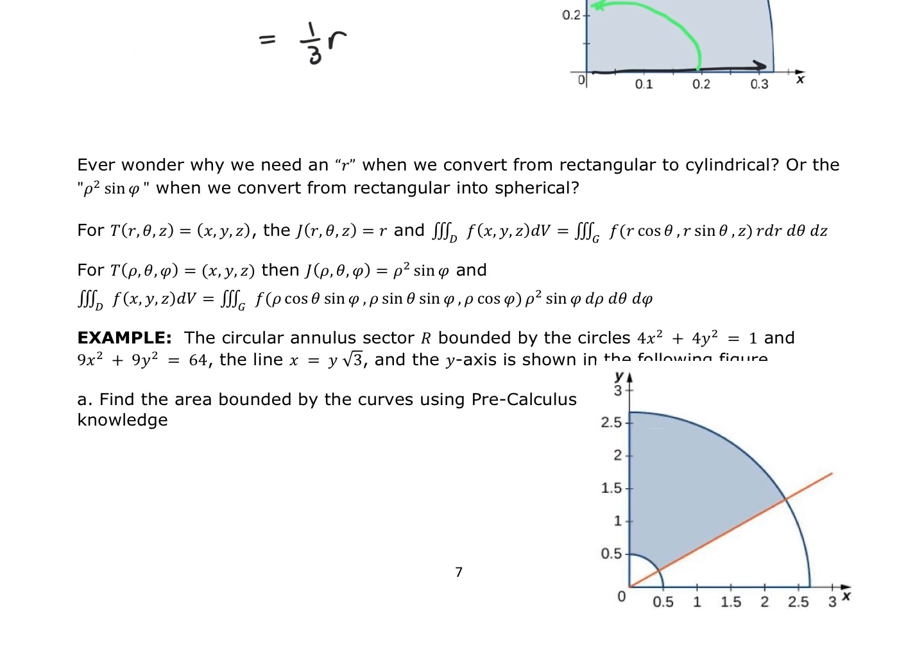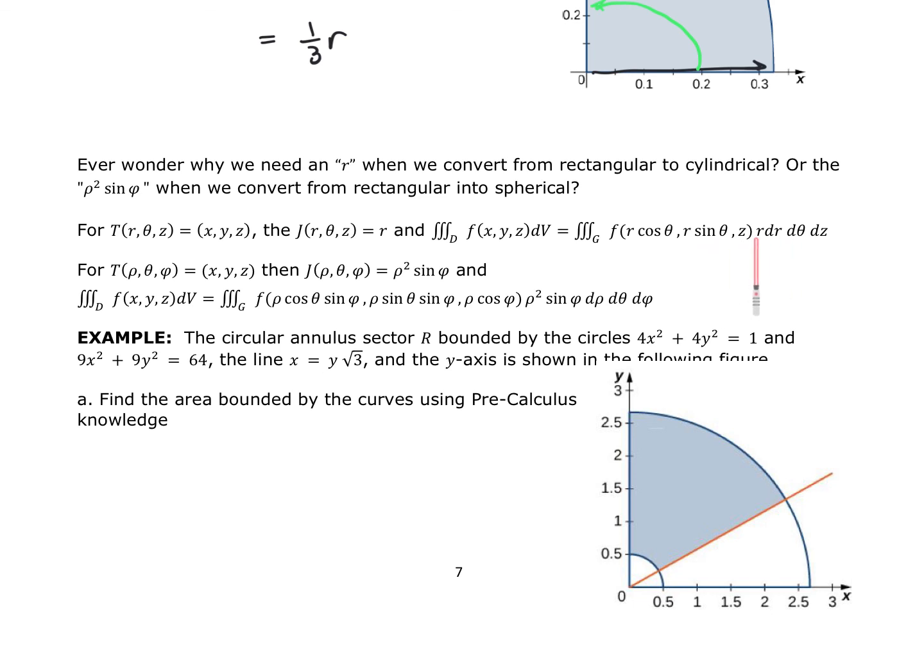And this is why. Have you ever wondered why we got that r? Well, it's because of that Jacobian. So if I'm going from r, theta, z into x, y, and z, the Jacobian is r. And if I have my function, and I'm integrating over this region D of x, y, z dv, I need to have that r dr d theta dz for my Jacobian.